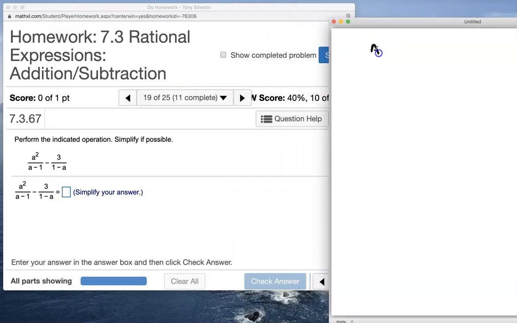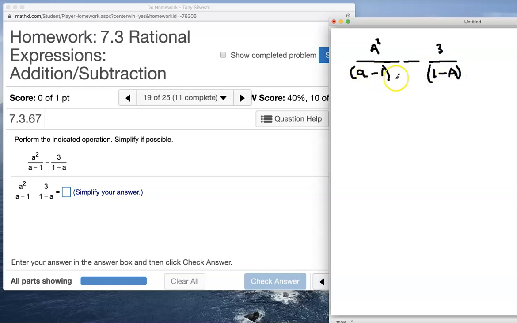A squared over a. These are the same a's, and that's a bundle. Minus 3 over 1 minus a. That's a bundle too.